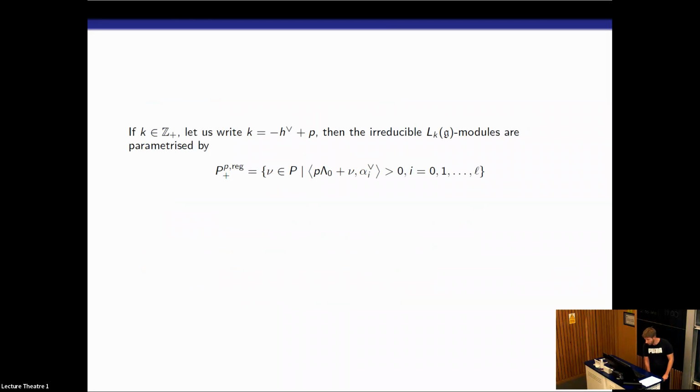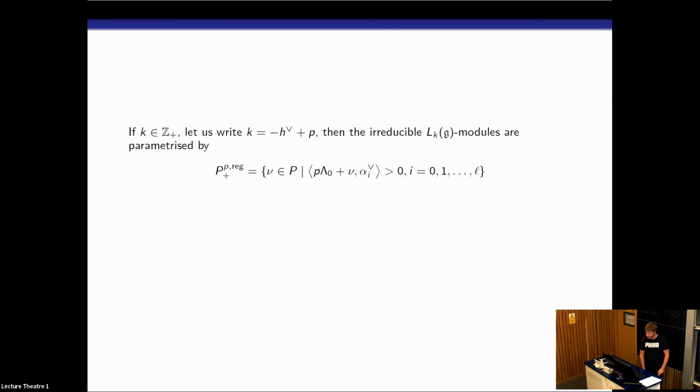I'll just recall the very standard description of what happens at positive integer level k. Let's write k in the following form: minus the dual Coxeter number of G, plus p, where p is some integer greater than or equal to h check.